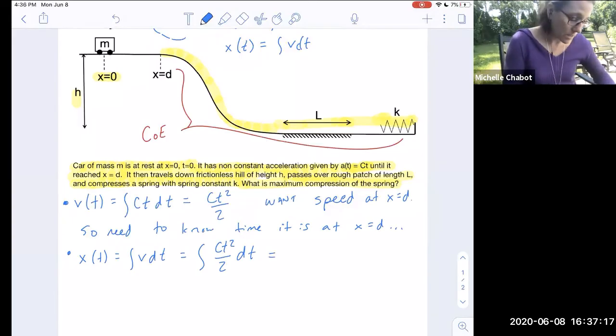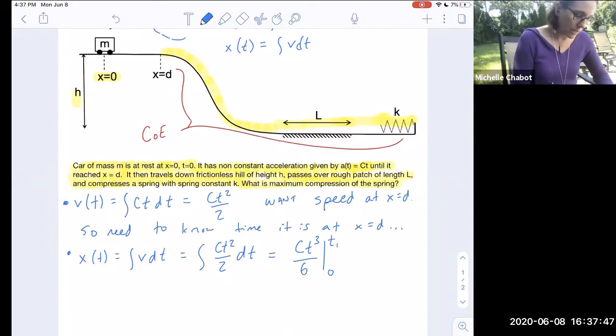This is then going to be equal to ct cubed, and then I divide by 3, and I already have a 2, so it would be ct cubed over 6. And then I'm going to evaluate that from t equals 0 to my final time, which I'm just going to call t1.